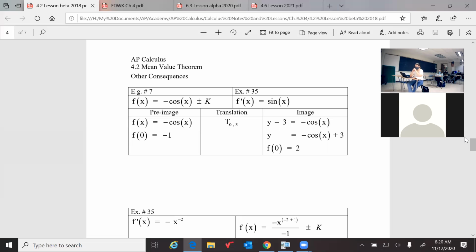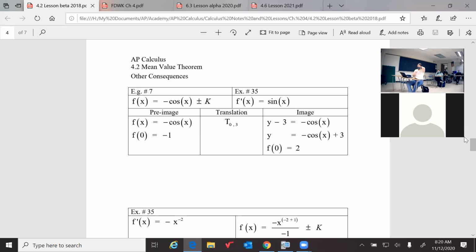They gave you the answer, they wanted the question. The answer is the derivative is sine x. The question is the parent graph is y equals negative cosine x plus something. Might be plus 0. But if you add anything to that, when you differentiate, you get a 0.